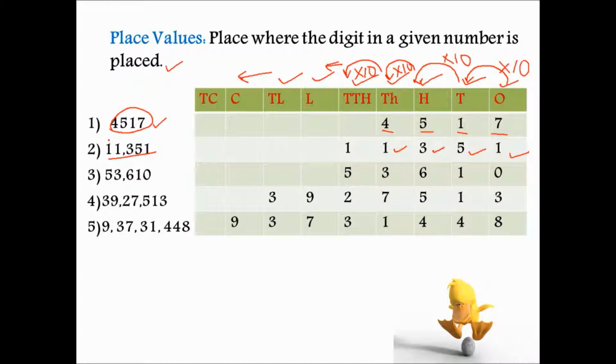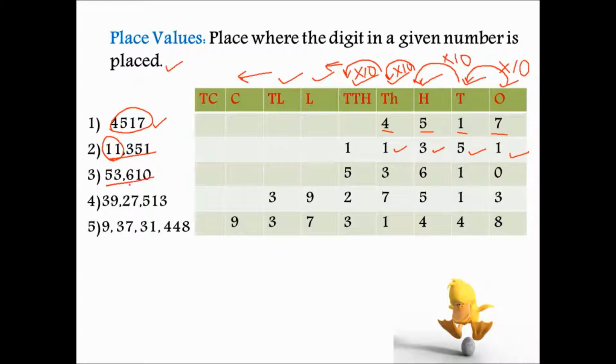Now see what the number is. The number is 11,000, so one will be placed in the thousands place, and the other one will be placed in the 10,000s place, right? Because the number is 11,351.